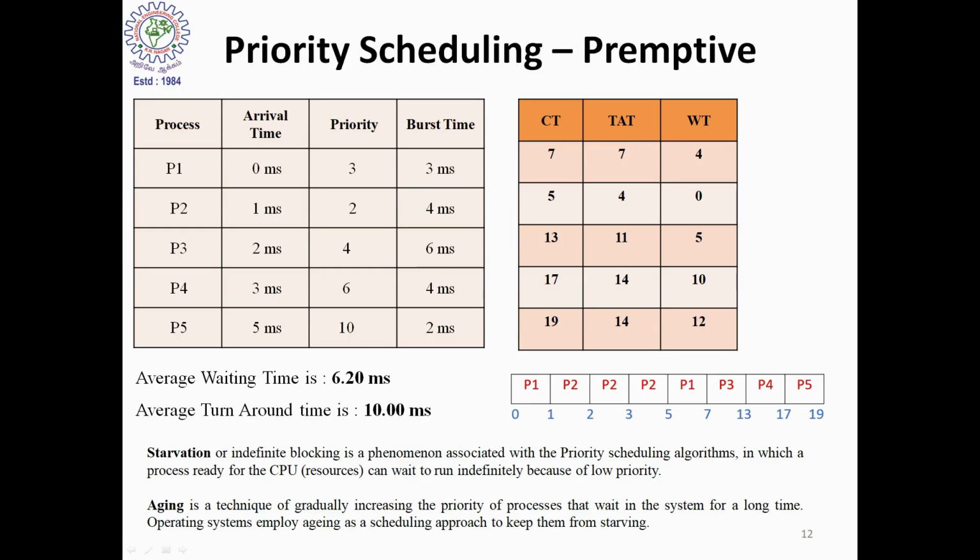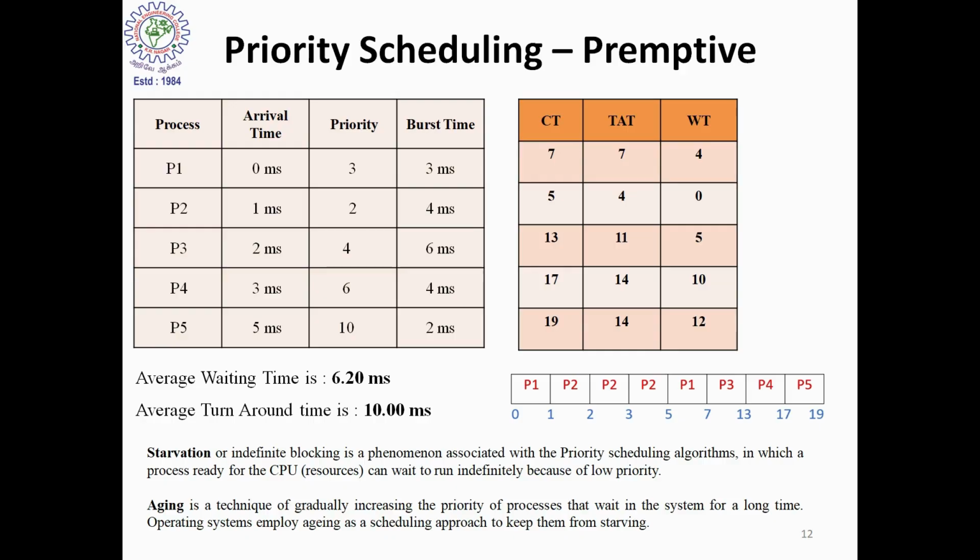This starvation can be avoided through the aging process. So what is aging? Just as aging happens in humans, in the same way the priority of every process is increased after a constant period of time, by a particular amount.